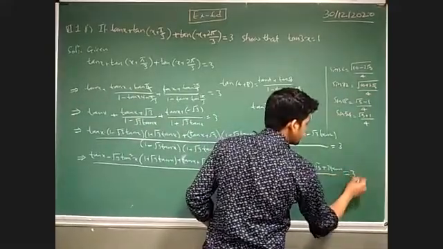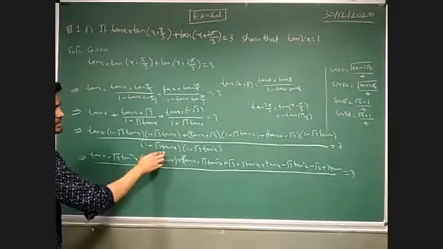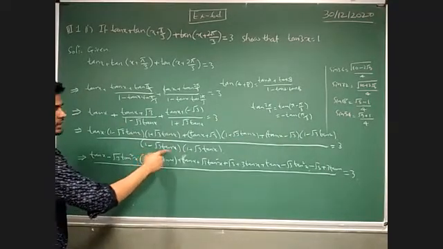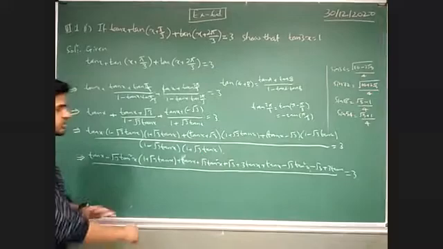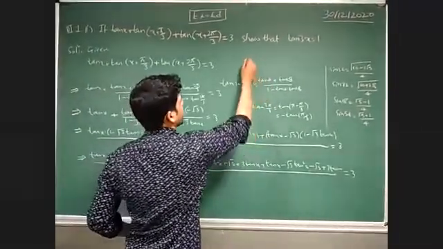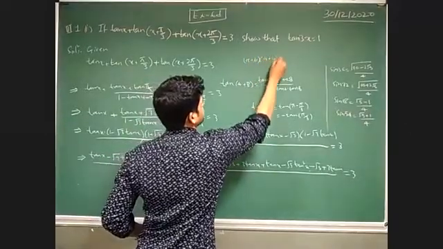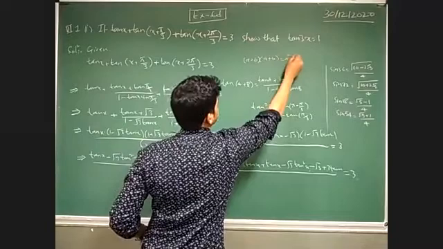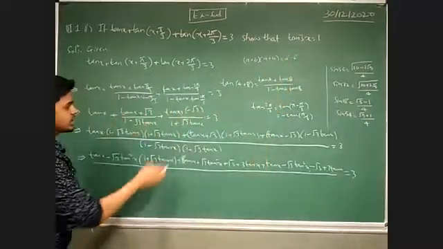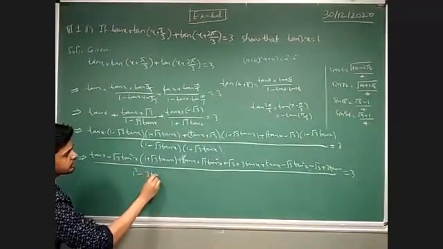This is equal to 3, and here we know 1 minus... See here, we know the formula. If I have (a minus b)(a plus b), that is nothing but a square minus b square. Okay, so here I'm going to apply this formula. So here I will get 1 minus 3 tan square x.